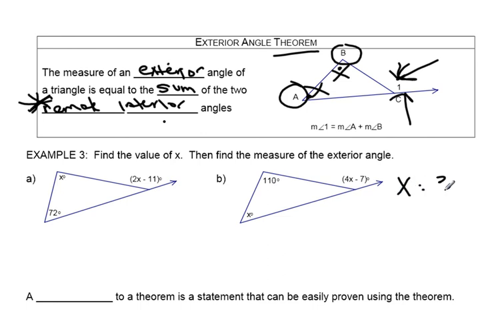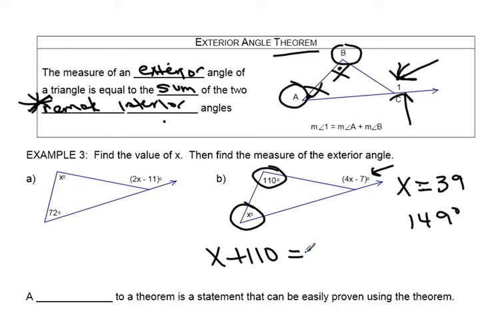Okay, you should have gotten that x is 39, and the exterior angle, plugging that 39 into here, gives you 149 degrees. So what we do is we take the two remote interior angles, that means the ones that are not touching the exterior, x plus 110, add them together because they equal the exterior angle.